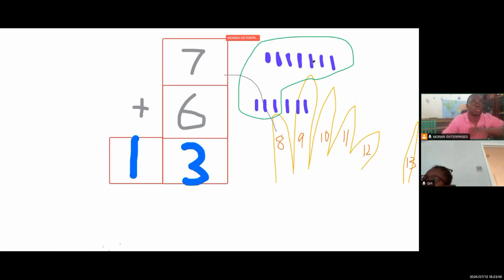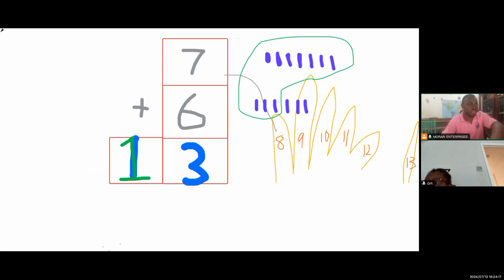So that is 10 ones, and we change the 10 ones into 1 ten. So the 10 ones now become 1 ten over here. So we put it in the tens place. 10 ones become 1 ten. That's why we write it here as 1. But this is not just 1, it's 1 ten, which is the same as 10 ones. And then we're left with 3 ones.